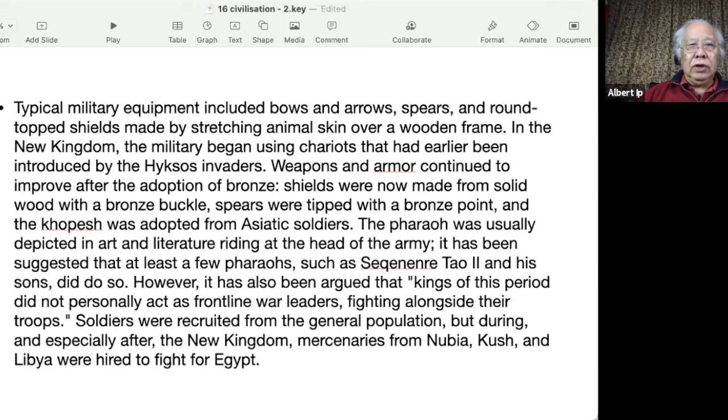With bronze, you can make much better shields and spears and knives, etc. And the pharaoh was usually depicted in art and literature riding at the head of the army. It has been suggested that at least a few pharaohs did do so. Okay, so again, it's the strong man leading the country. That's the man who can lead an army, lead the country.